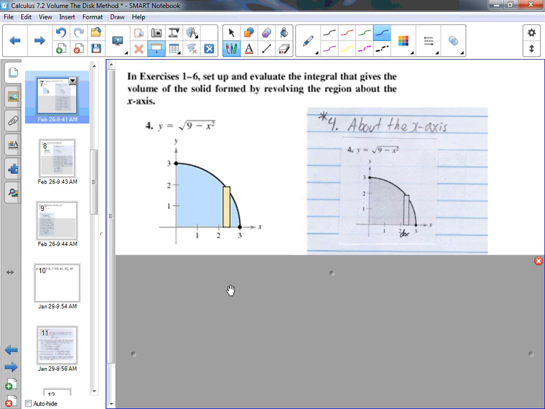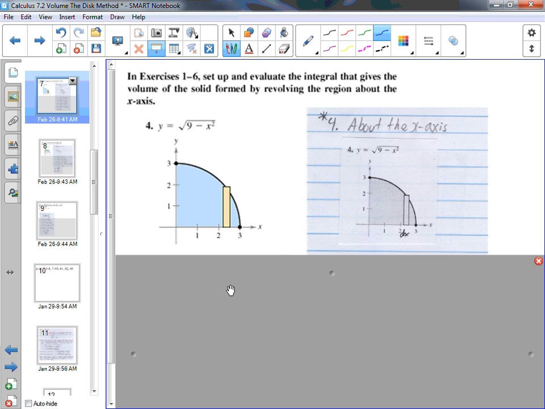If they don't give you the graph, you graph it on your calculator and then draw it on your paper. Okay? So y equals the square root of 9 minus x squared. And the directions say that we are revolving this about the x-axis. Get in the habit of writing down what your axis is, because it's going to move around after a few problems. Okay? It's not always going to be the x-axis.